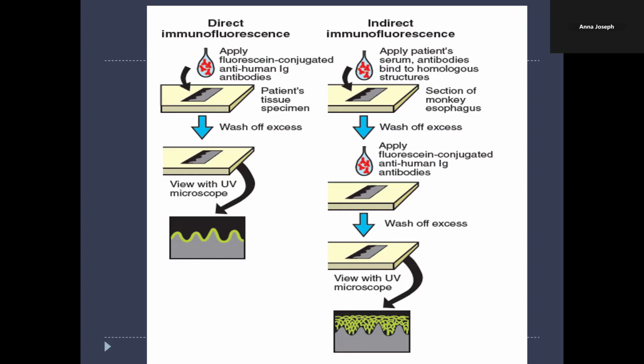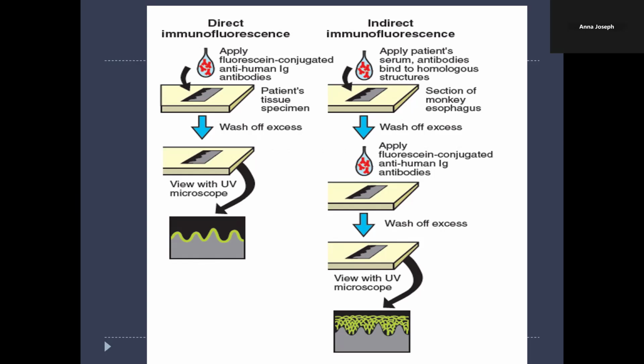Now, the one which goes in Michel solution will undergo direct immunofluorescence, where fluorescein conjugated anti-human IgG antibodies will be applied on the patient's tissue specimen. The excess is washed off and it is viewed under the fluorescent microscope.